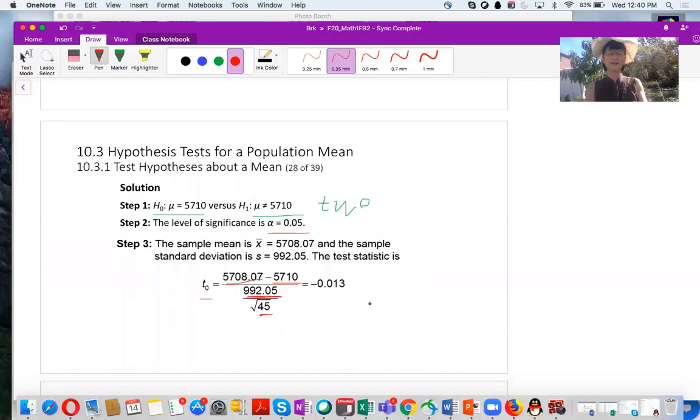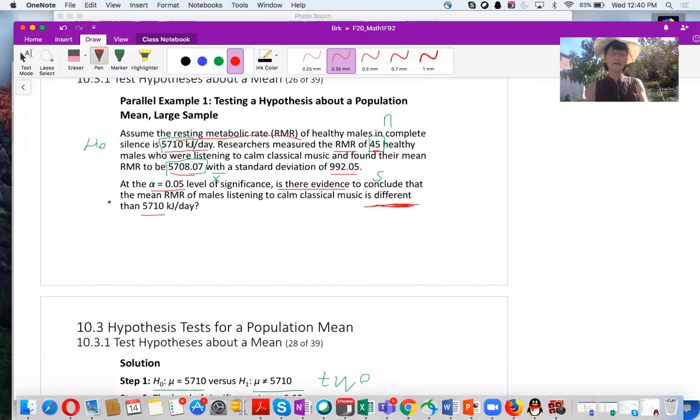This is your test statistic. The reason you get a negative is that the sample mean is smaller than the population mean. If the sample mean is greater than the population mean, you should get a positive test statistic.